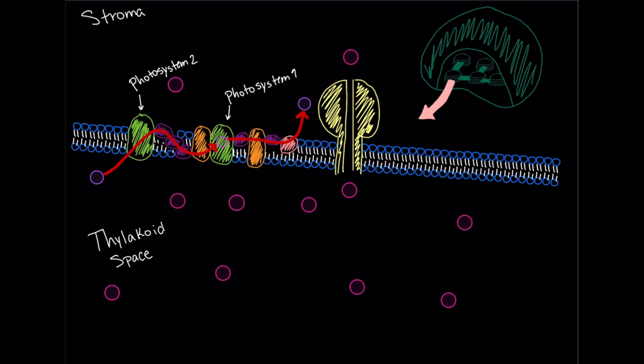These photosystems one and two contain light-absorbing pigments and proteins for the light reactions to occur. So they need this light. Let's represent this. Light and light.